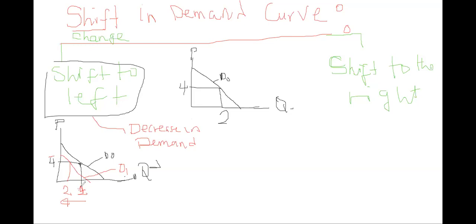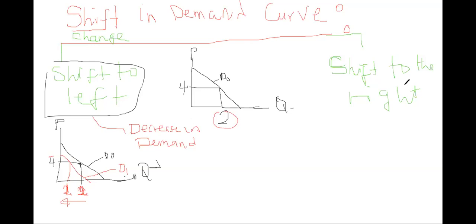The original was 2, so let's say there is 1. So it decreases from 2 to 1. Remember, the price is not responsible for this. That's why we say it's a shift to the left. You will see that there are some factors that are causing this. We will see them in a few seconds.